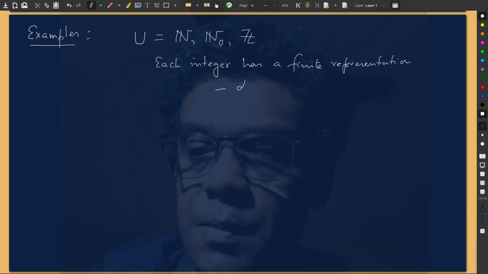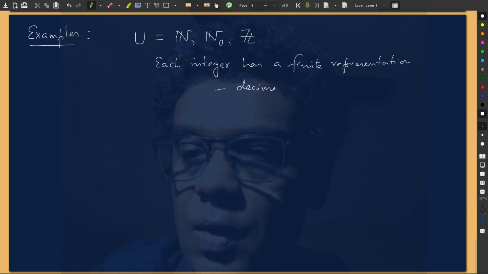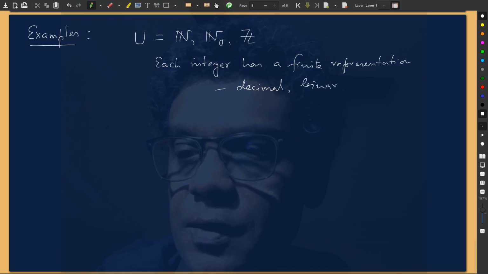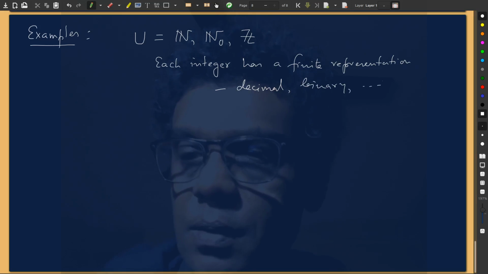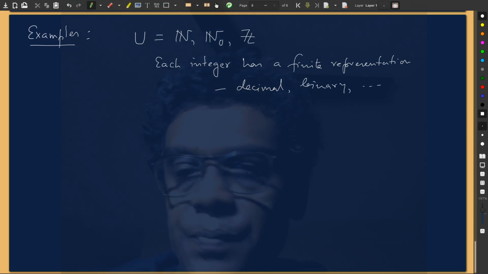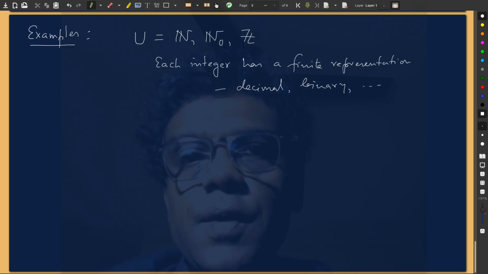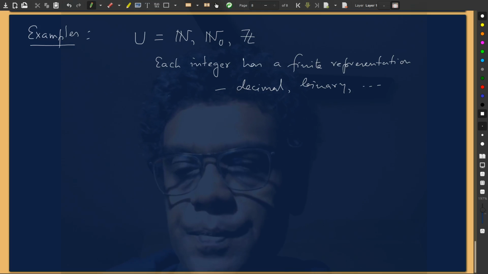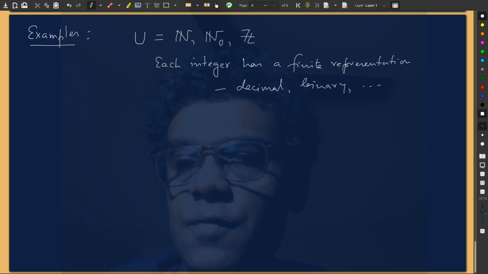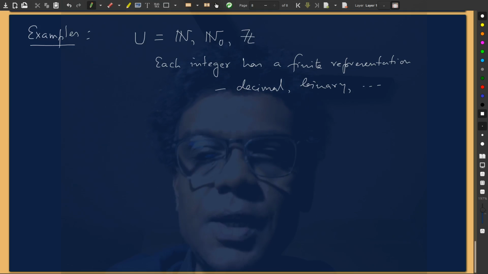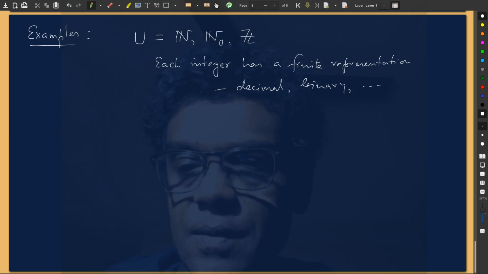Like decimal representation with possible sign, binary representation, hexadecimal, octal, and so on. Okay, to some base. Okay. And by definition, every natural number or integer, positive or negative, is finite, and therefore this is a string of decimal digits or binary digits, optionally followed by a sign. These are all finite representations. Okay.